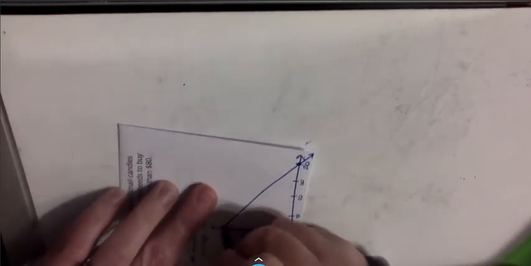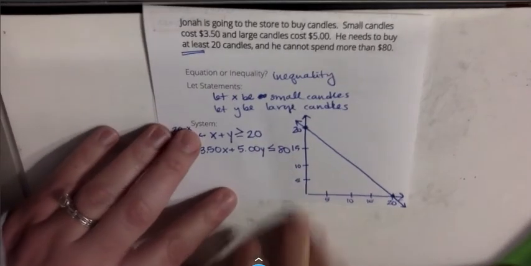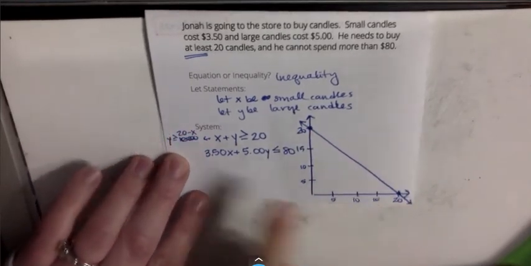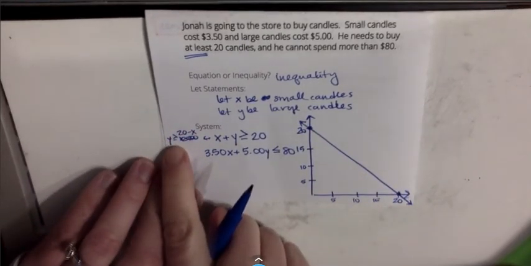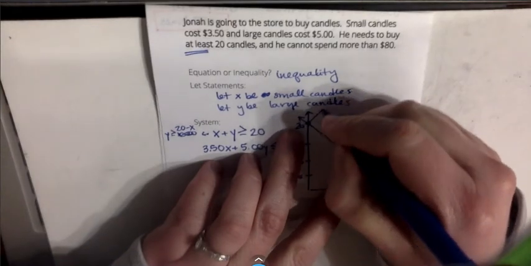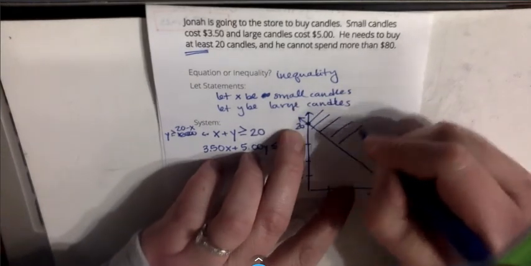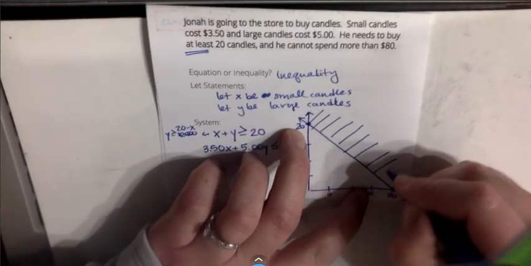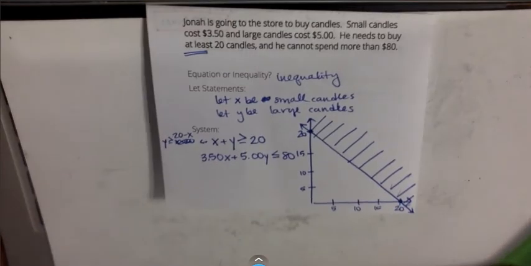We have a solid line here because we have the equal to. I can just draw this line here. And I have y greater than or equal to these numbers, so I'm looking at all of these values above this line for my shading.